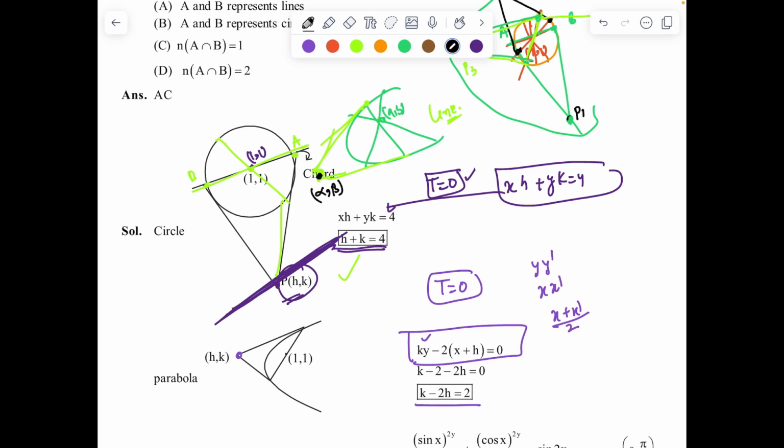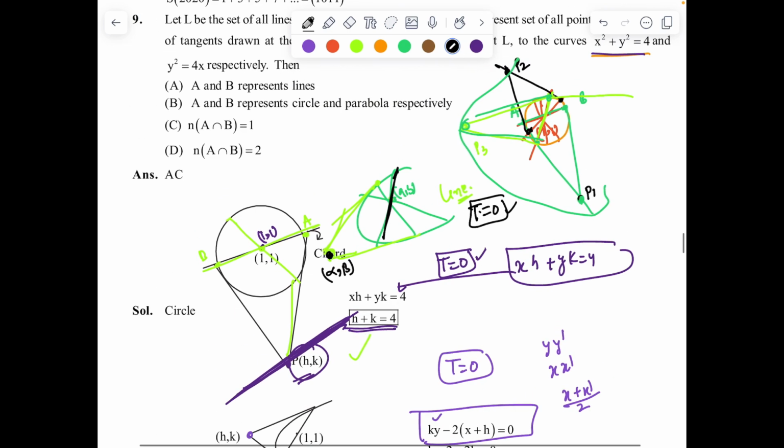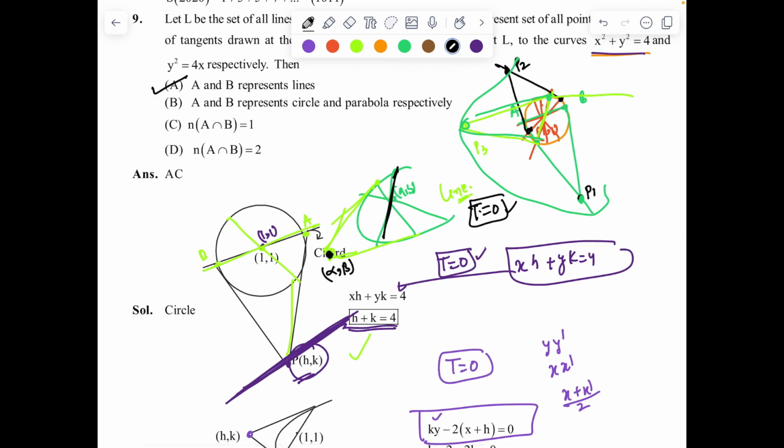Because let's say the point of intersection is (alpha, beta). With respect to that point, the equation of chord of contact is T equal to 0, and it is of linear nature, which will be satisfied by the fixed point (a, b), and hence (alpha, beta) will be forced to lie on a line. So I can tell A and B represent lines.